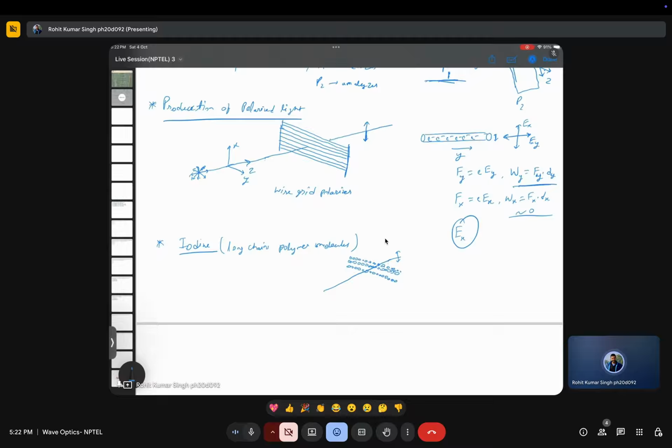So the electric field of the light wave interacts with these atoms and performs work in a particular direction, but in the other direction, because this chain of polymer is fixed in the crystal lattice, it won't move much. So one component of electric field survives, and you get polarized light. Okay. So this is what happens when light interacts with such kind of material. You get a polarized wave.